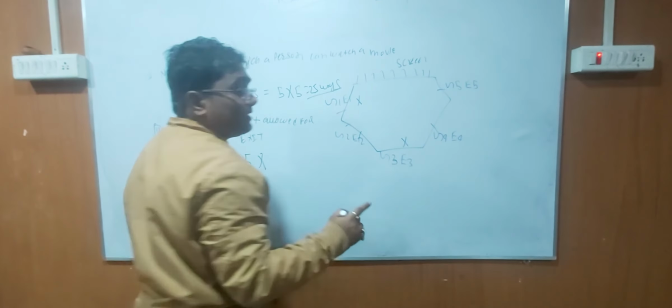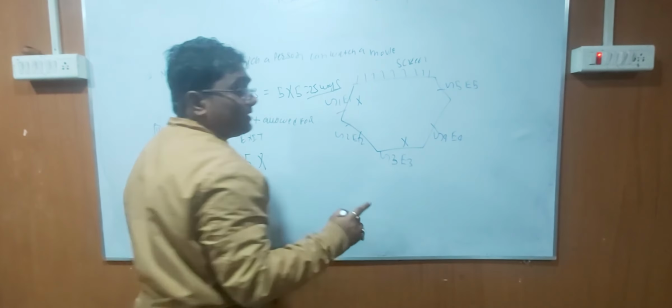Third question, entry and exit is different. We have to think how many options are available for him to enter into the hall. 5 options are available. The question is telling that entry and exit is different.